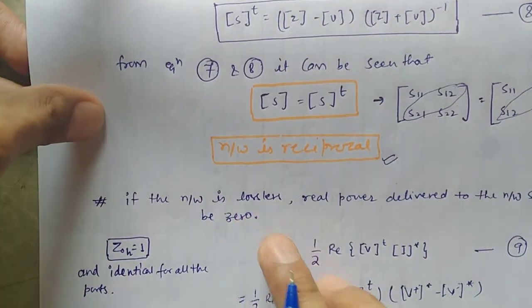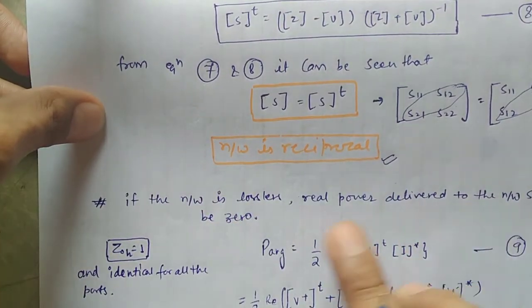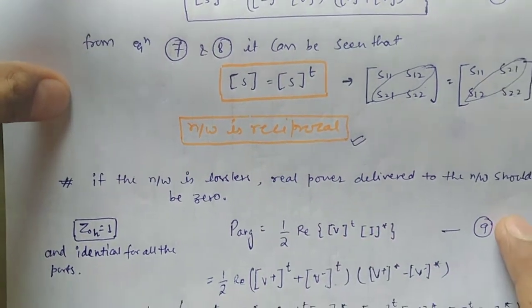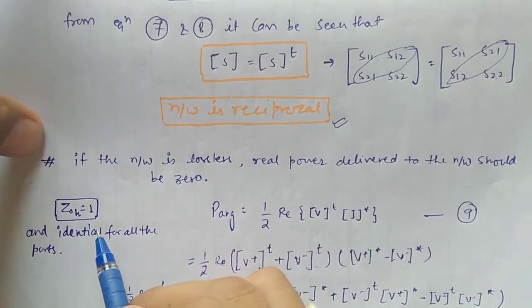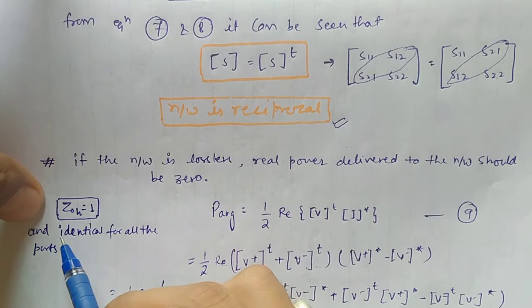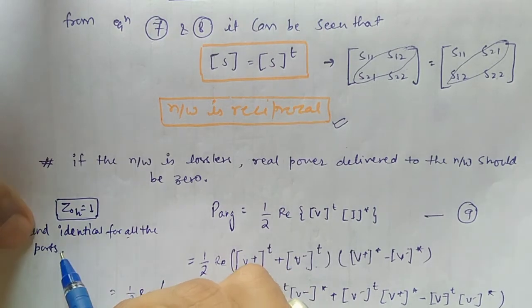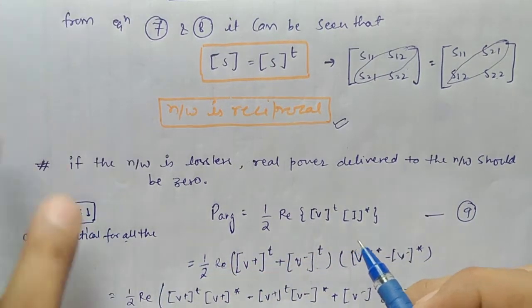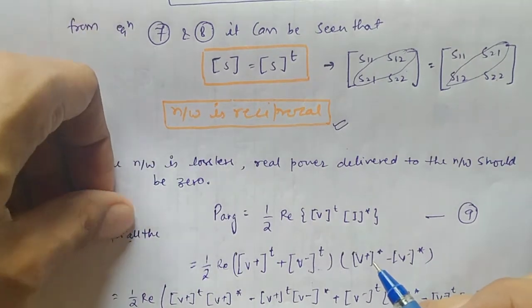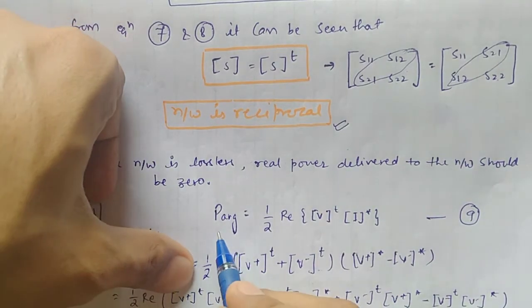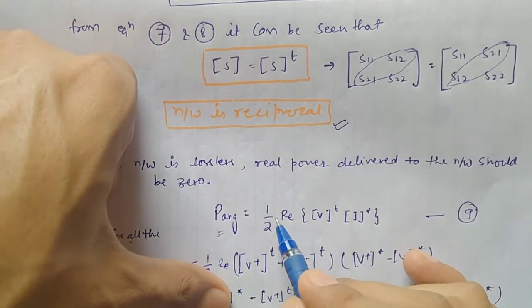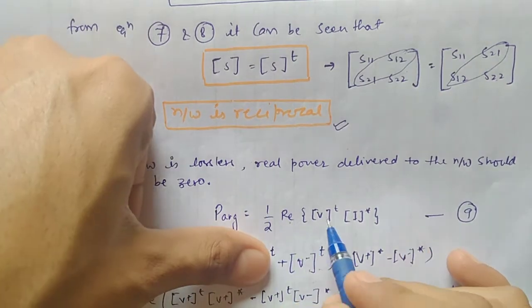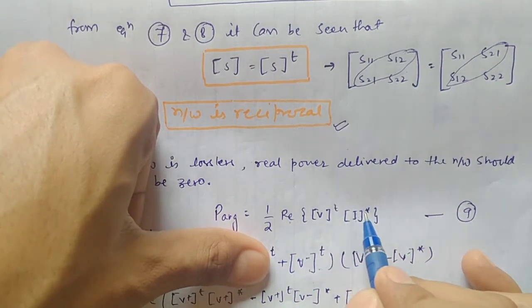Now if the network is lossless, the real power delivered to the network should be 0, as I told in the beginning. For this case also I am taking my nth port impedance as 1 and identical for all the ports. Impedance is not varying across the ports. If I am taking it as matched or terminated, it should be the same. Now if I find the average power for the network, it should be written as half of the real part of V transpose into I conjugate.